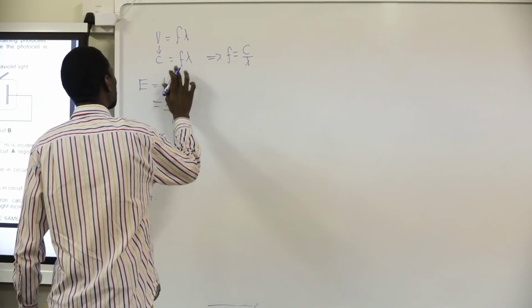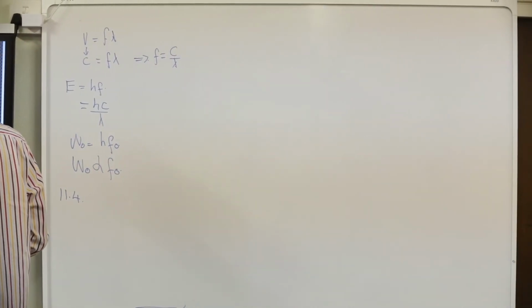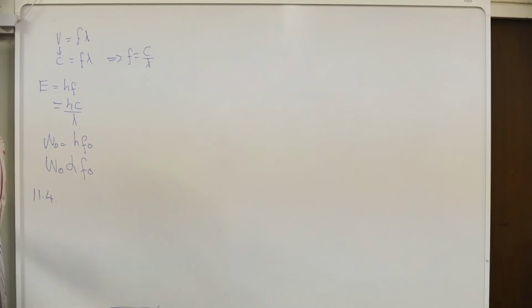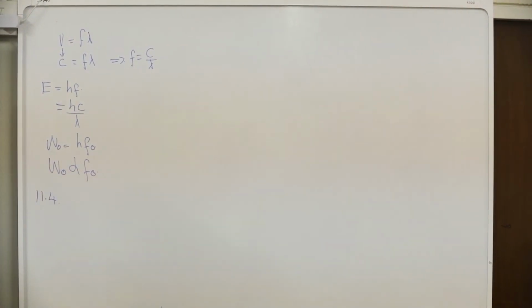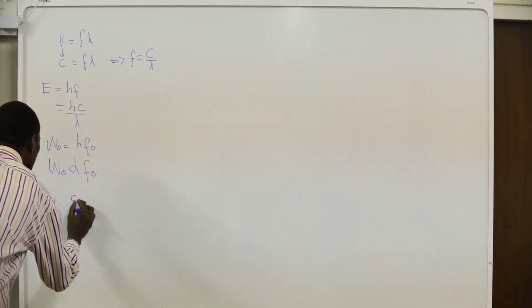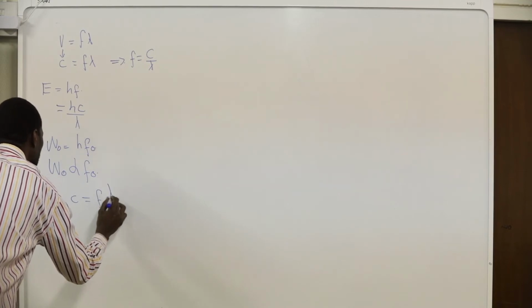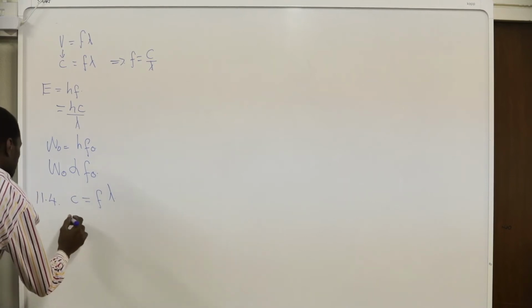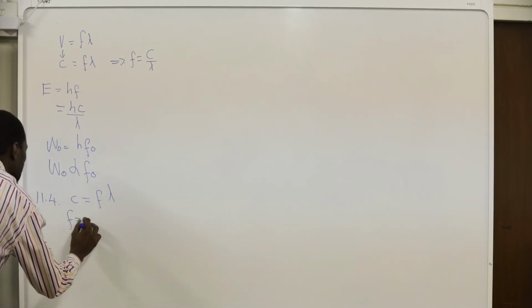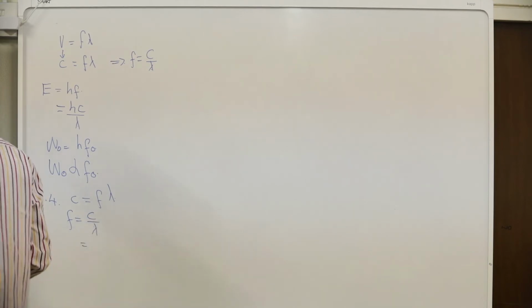How do we come up with frequency when we are given the value of the wavelength? We know that the speed of light c is equal to f multiplied by lambda. Our understanding is that frequency is equal to c over lambda.